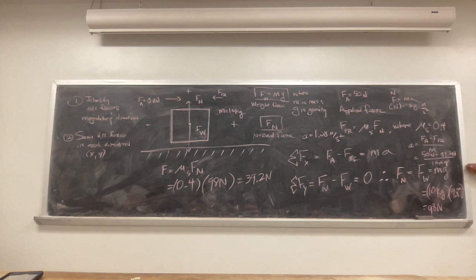So 50 newtons minus 39.2 newtons gives me newtons. Put that in place, the kilograms cancel, and it leaves me with meters per second squared. That's dimensional analysis, back from chapter 1.